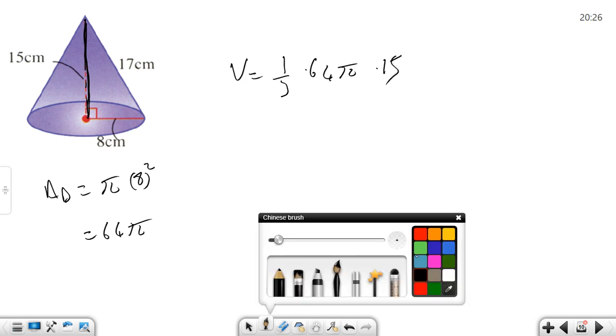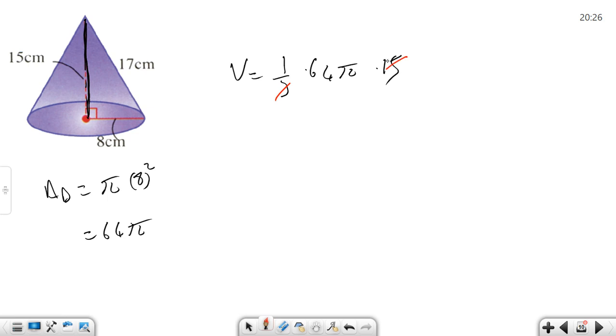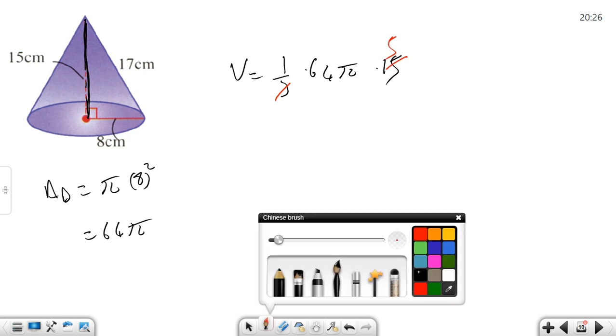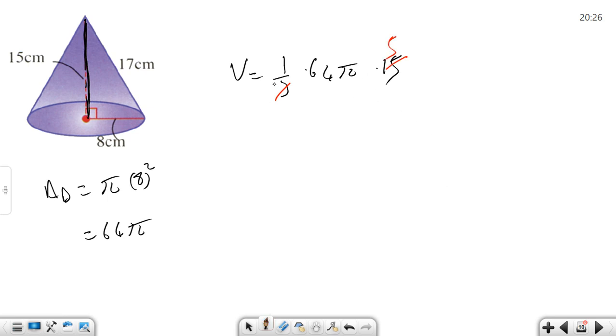Of course, I can simplify this 3 and 15 by 3. If any number is divisible by 3, simplify it, it makes the question easy. 64 times 5 is 320 pi centimeter cube. That's another example about a volume.